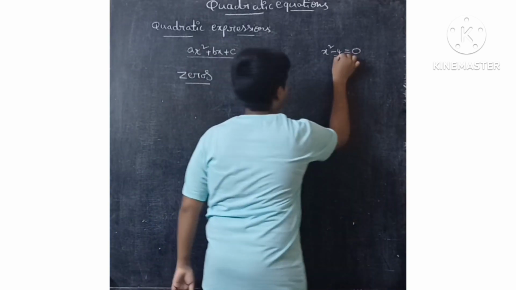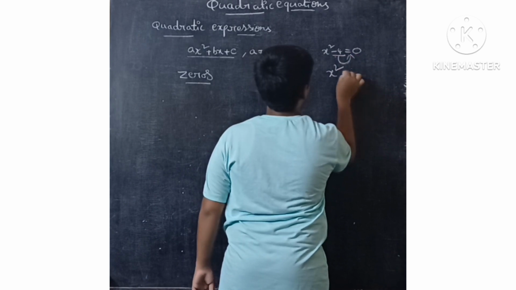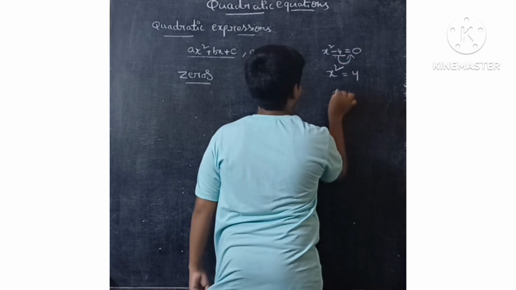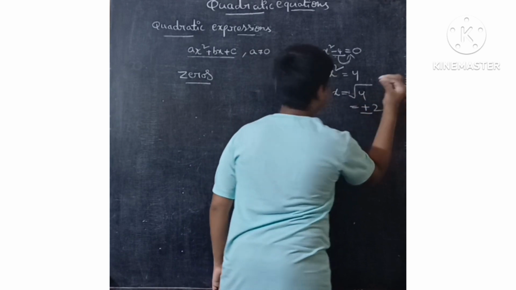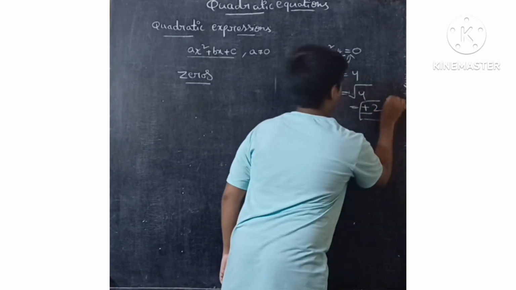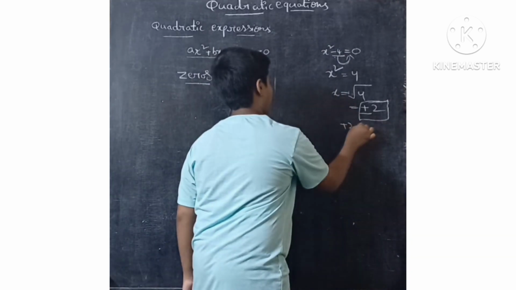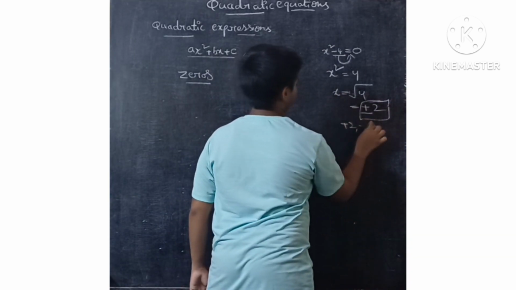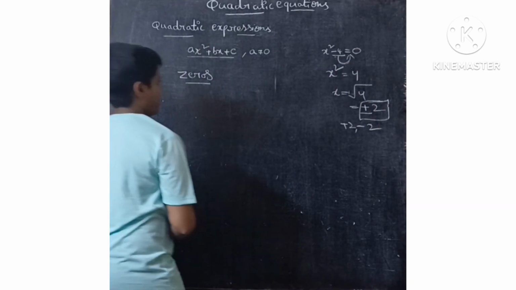And transfer this 4 to this side, which means x square equals 4 and x will be root 4, which equals plus or minus 2. Okay, both are the zeros of this expression. Plus 2 is one of the zeros, minus 2 is one of the zeros. Okay, so these are the zeros of a polynomial.